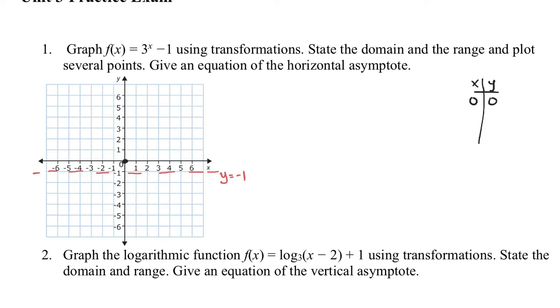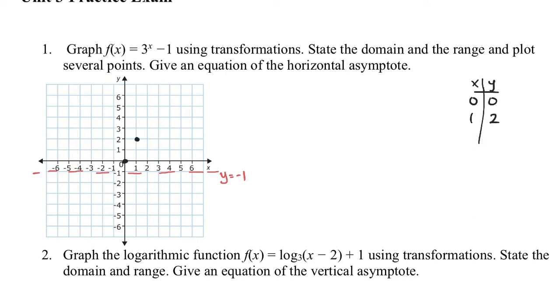Now we can let x equal whatever value we want at this point, because if you recall, the domain of exponential functions is all real numbers. So for example, if we plug in a 1 for x, 3 to the first power is 3, 3 subtract 1 is 2, so (1, 2).